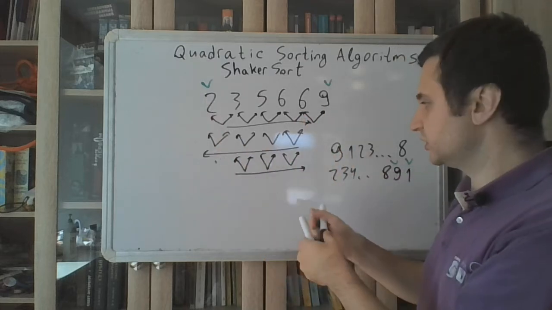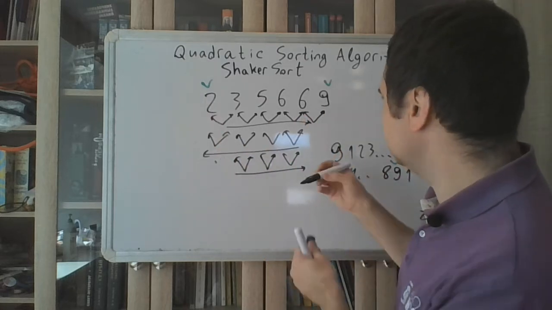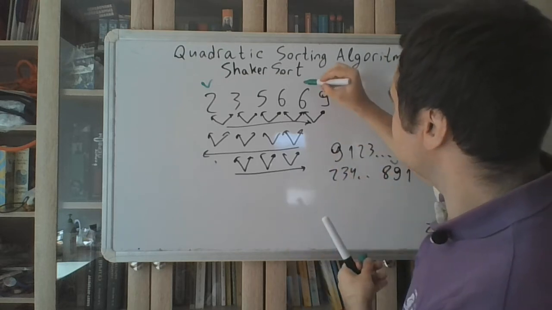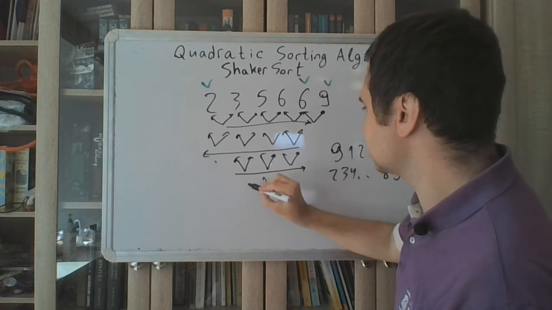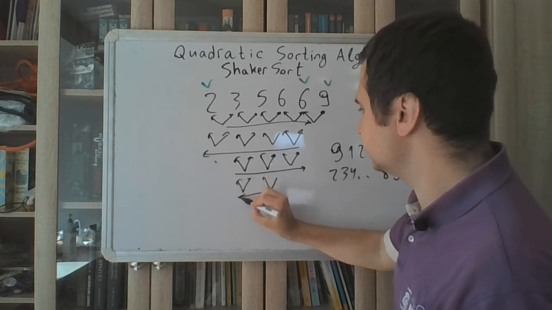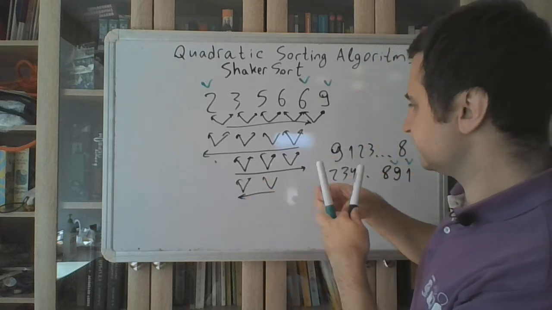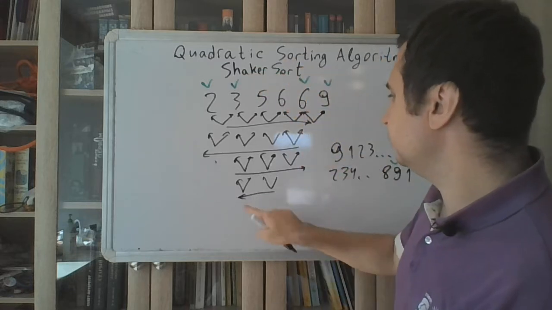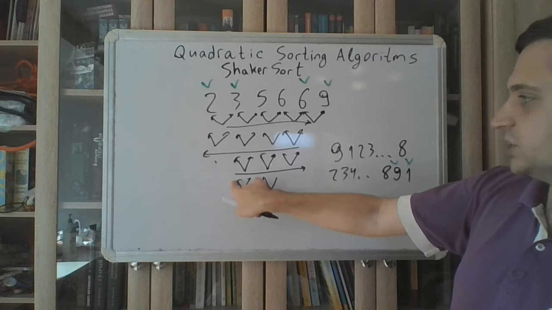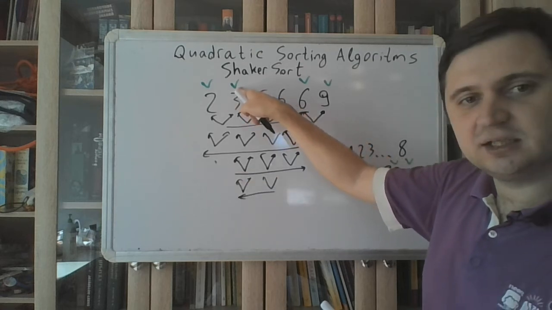So they will be shorter and shorter and shorter. We will receive this element ideally set, and we will make these comparisons from right to left. After which we will have this element ideally set, and therefore we don't have to do this comparison because this element is ideally set.